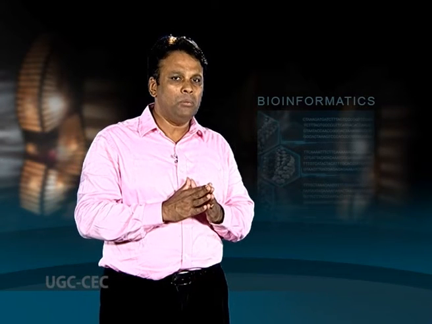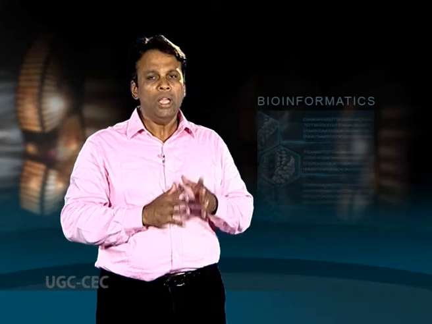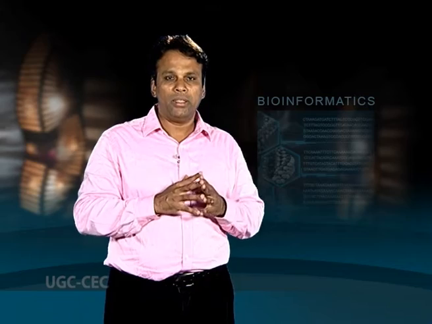Then he determined from this experiment that all the yellow mice were heterozygotes, that is capital Y, small y, and that yellow was dominant over the white coat color trait. However, no homozygous yellow mice were obtained.